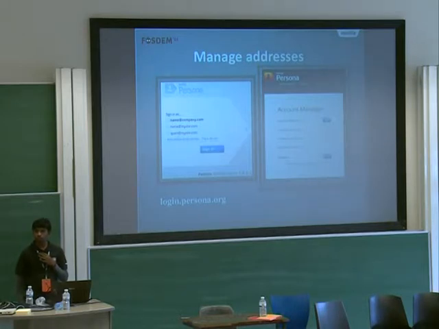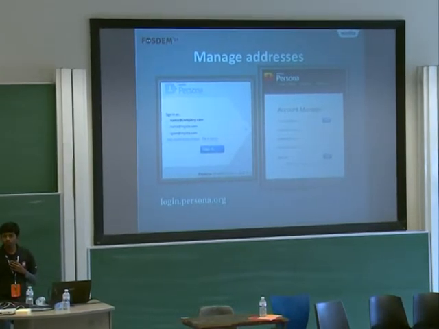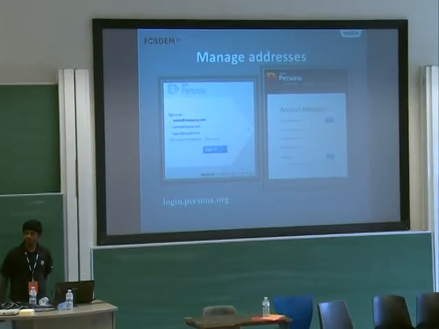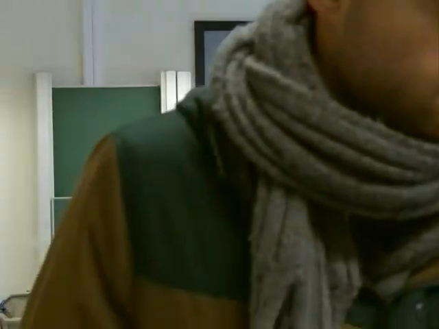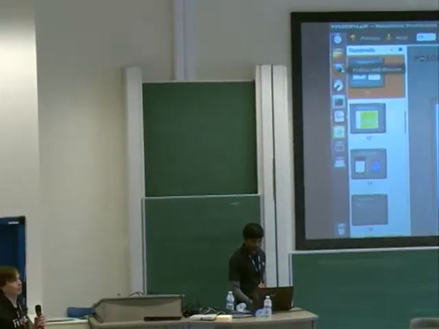If I understand well, if you run your own identity provider, it will be the domain of your email address. You log in with a Gmail domain. Does Gmail support Persona, or is there some kind of fallback? Gmail will be the identity provider. Can you repeat the question? Yes, I will repeat the question. You said that identity providers are bound to the domain of the email address, and we just showed logging in with Gmail.